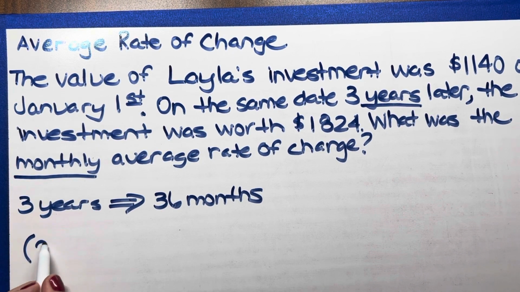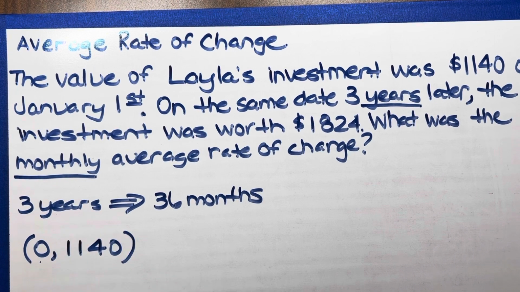We don't know the year, but that's kind of my time 0. So my first X value is going to be at time 0. And at time 0, the value of the investment, or Layla's value, is $1,140. So that's the start point.